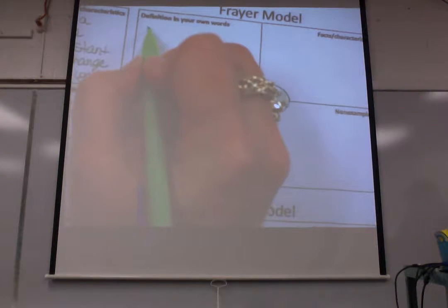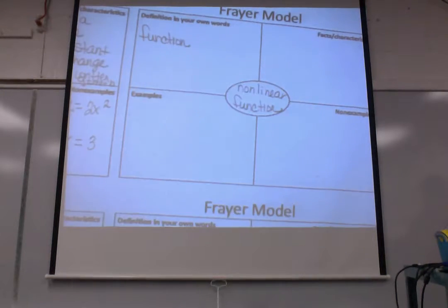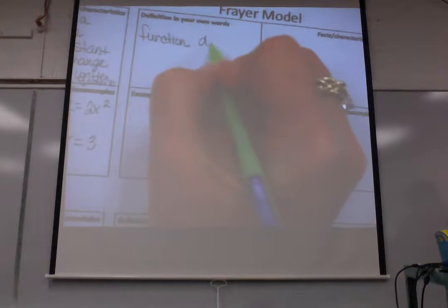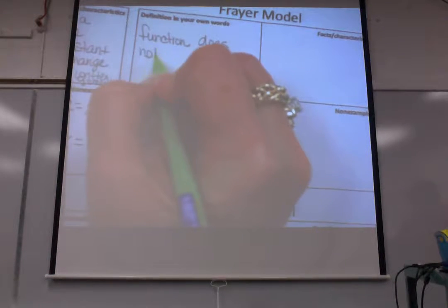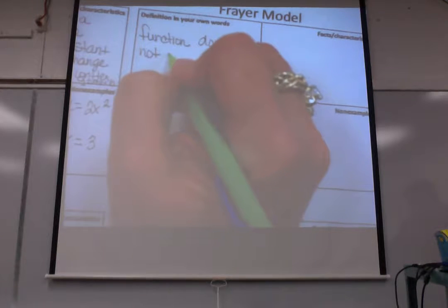Okay, so it's a function that does what? Have a constant rate of change. That does not, say it again. I heard it, but I didn't. Does not have a constant rate. Okay?